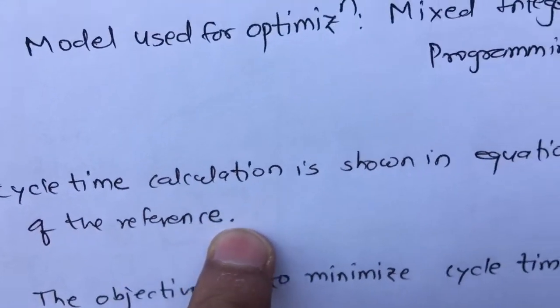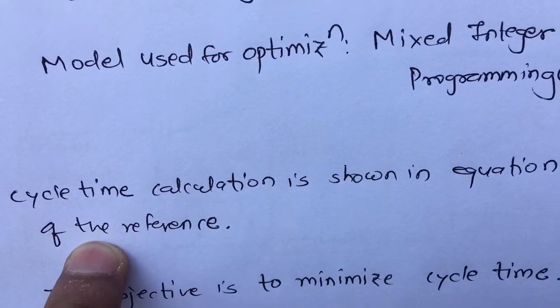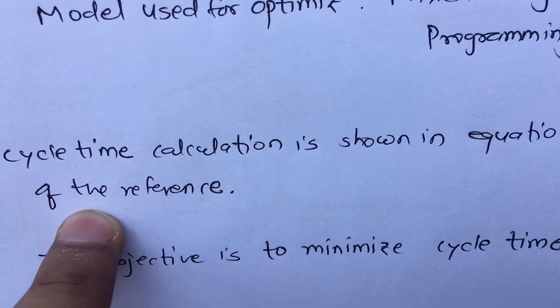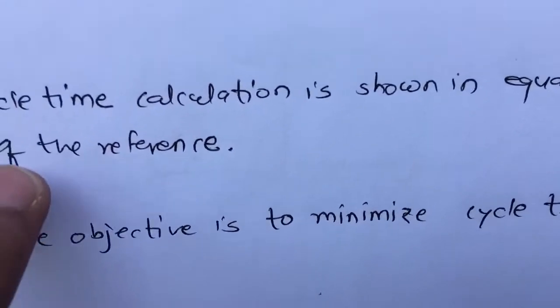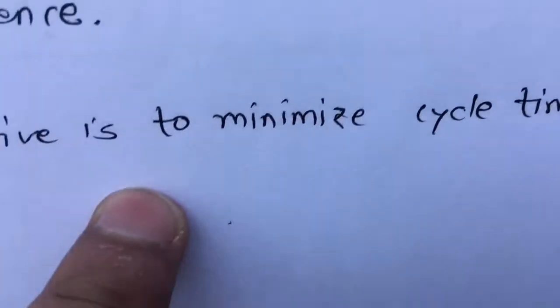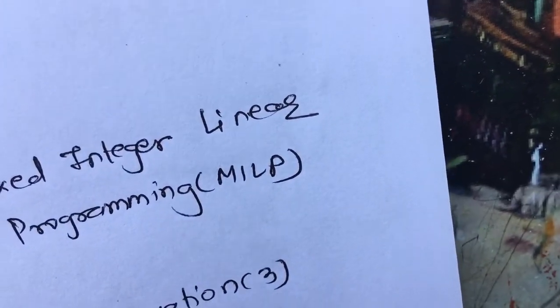Now the cycle time calculation is shown in equation 3 of the reference, which is not discussed over here, as it is considerably complex and hence not taken into consideration. However, it is shown how the cycle time is taken. Now the objective is to minimize the cycle time. The objective of this whole application is to minimize the cycle time.